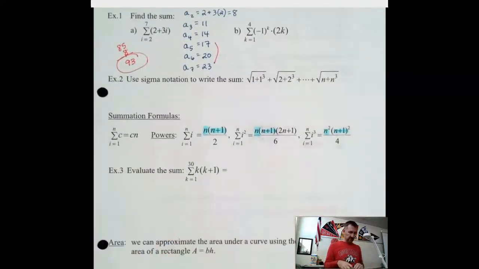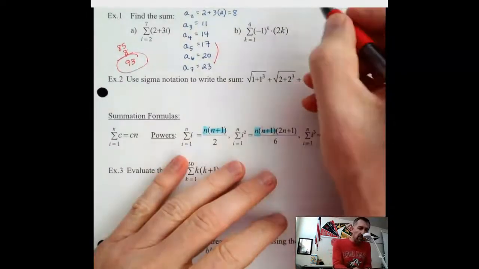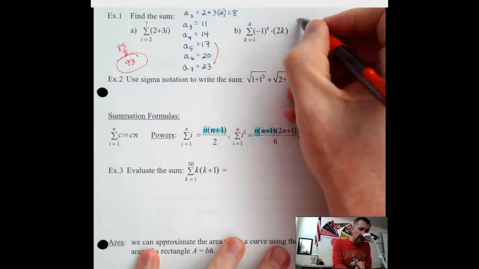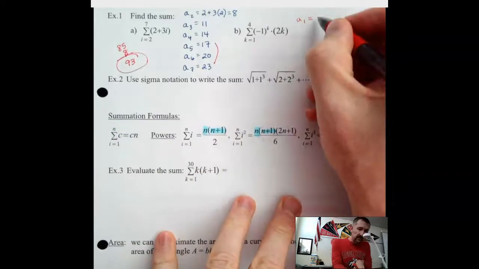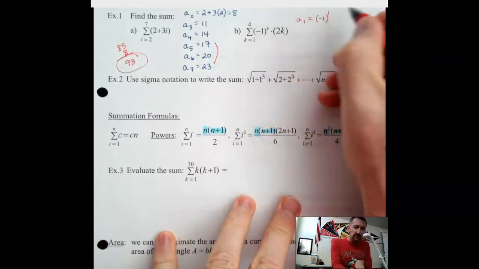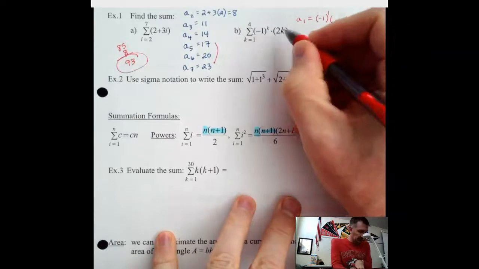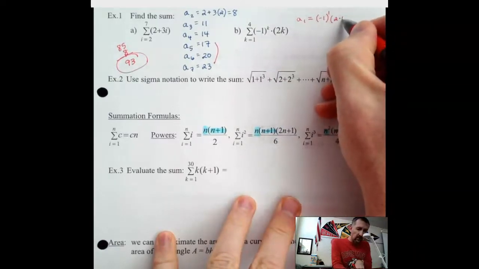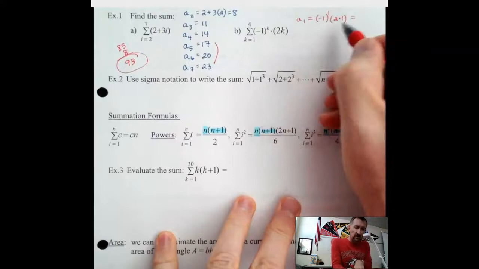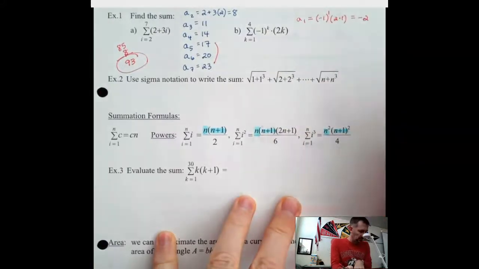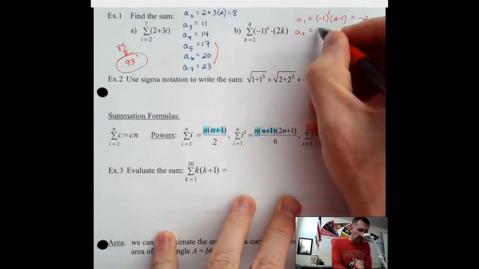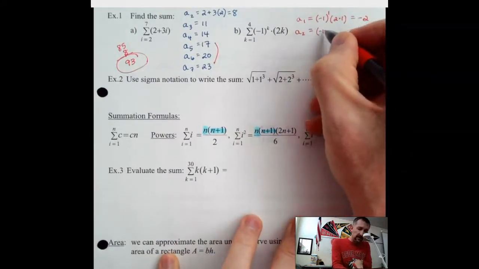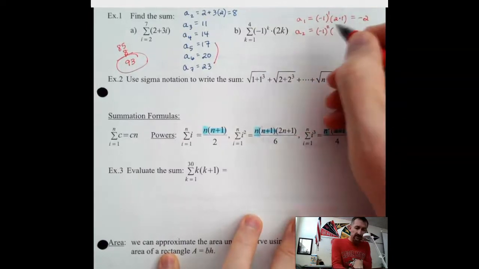Now this next one looks a little bit different, but let's see what's going on there. So we're going to look at the first. If we put a 1 in there, that's going to be negative 1 to the first power times 2 times 1. So that's going to be negative 1 times 2, so that's going to be negative 2. Okay. And a sub 2, that's going to be negative 1 squared, which is going to knock it out.